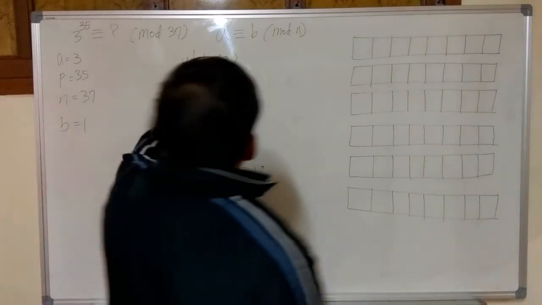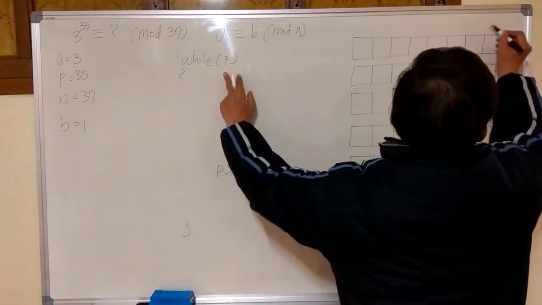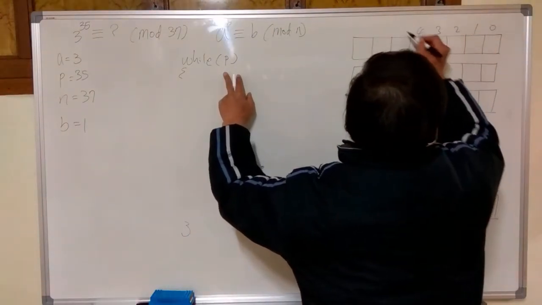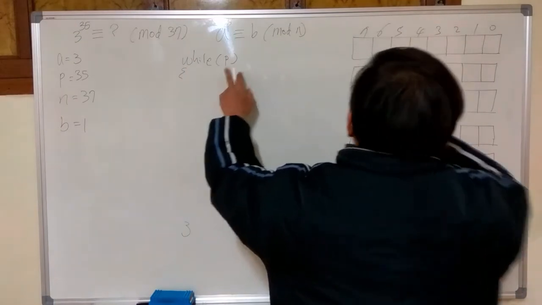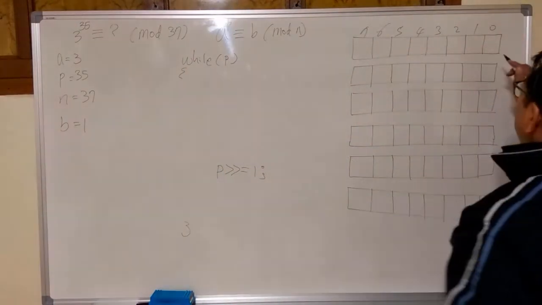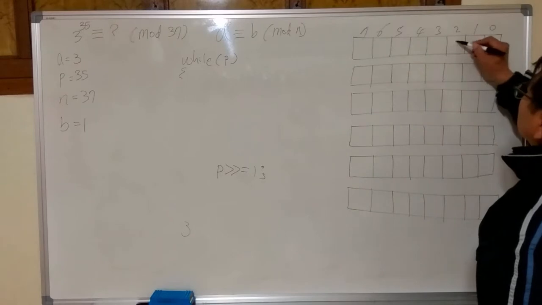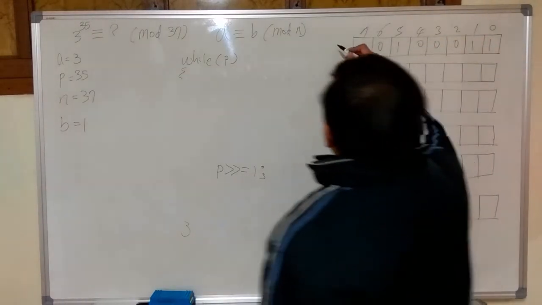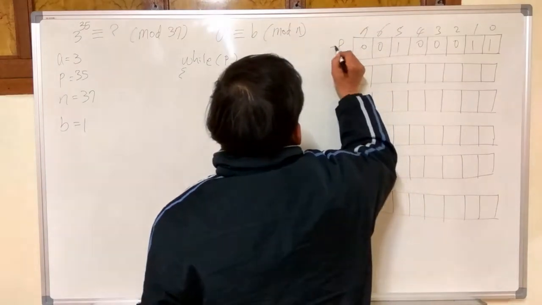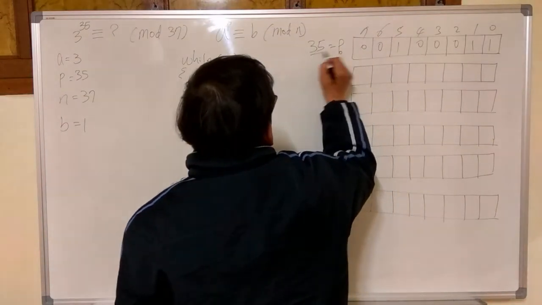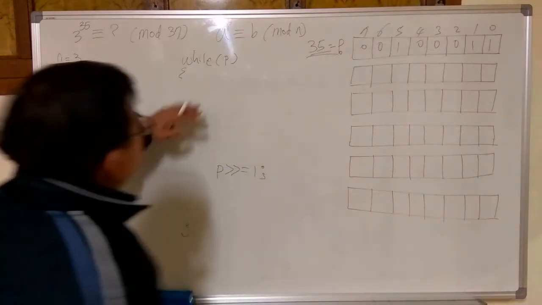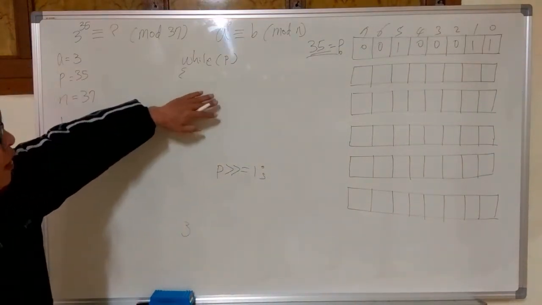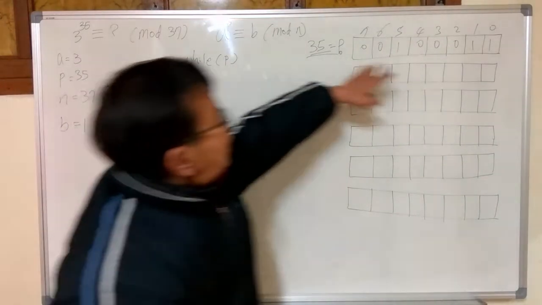If we represent 35 in binary digits, bit positions 0, 1, 2, 3, 4, 5, 6, 7, it becomes 1, 1, 0, 0, 0, 1, 0, 0. This is P0, which is 35, initially.